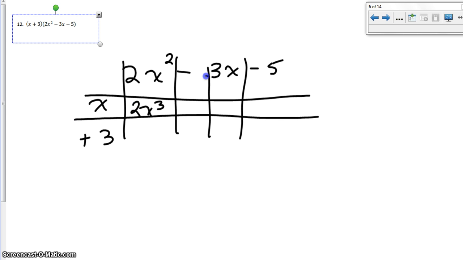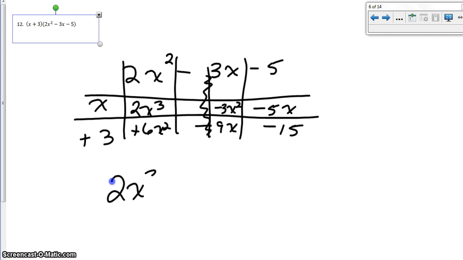This would be negative 3x squared and negative 5x. Positive 6x squared, negative 9x, and negative 15. Combining like terms in the partial product gives you a result of 2x cubed plus 3x squared minus 14x minus 15.